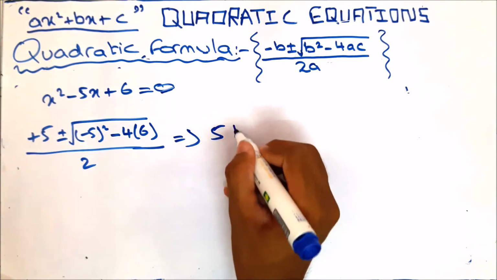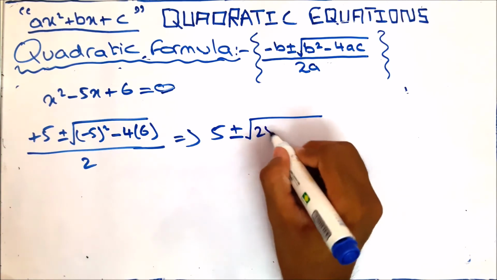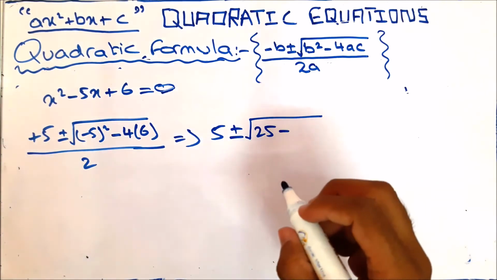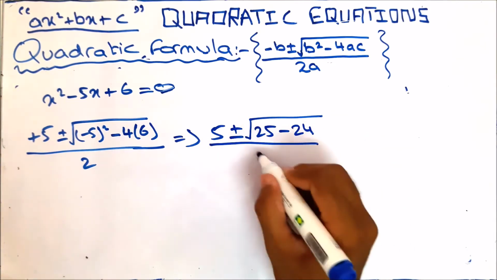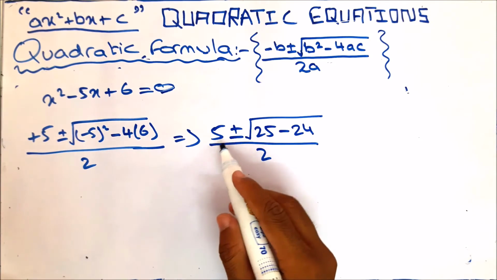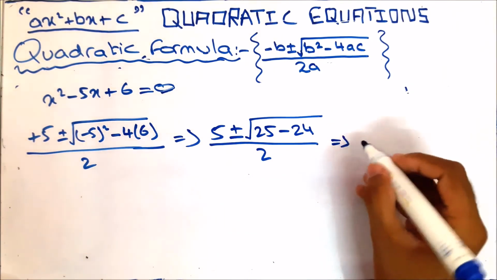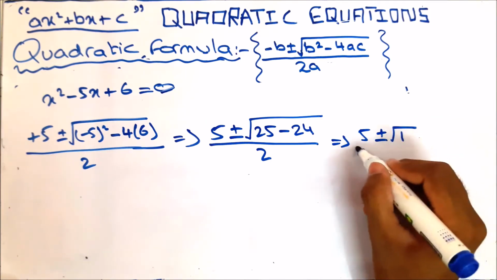So we have 5 plus minus under root 5 squared is 25 minus 4 times 6 is 24, divided by 2. Okay, so now we have 5 plus minus under root 1 divided by 2.